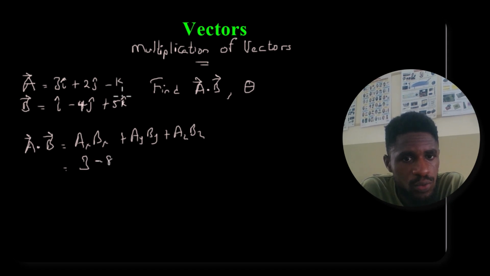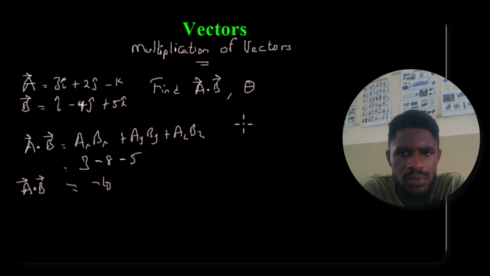AZ is minus 1 times BZ 5. So minus 1 times 5, that's minus 5. By the time we compute this, 3 minus 8, that's minus 5. Minus 5 minus 5 gives us minus 10. So A dot B vector is simply equal to minus 10.